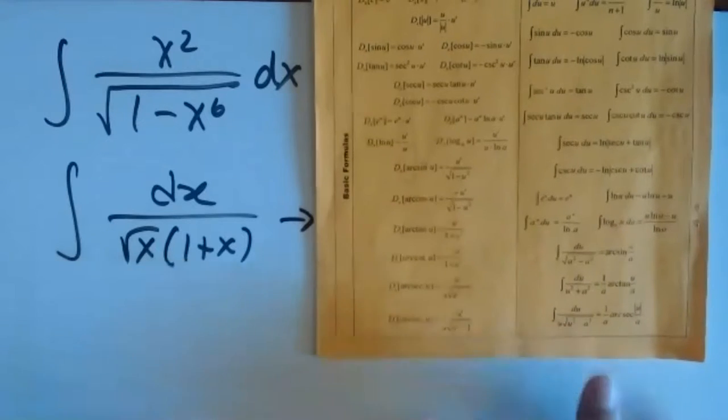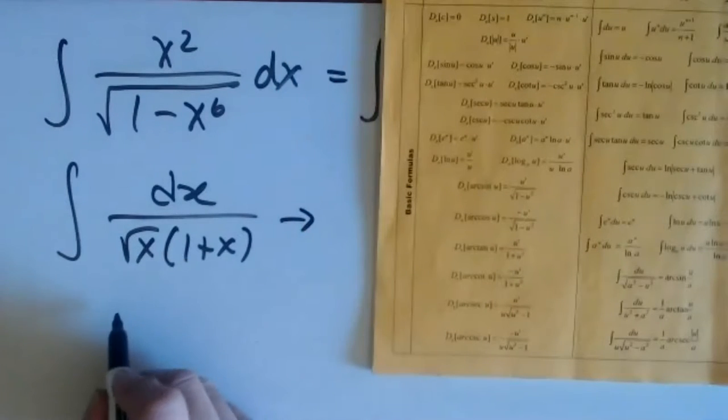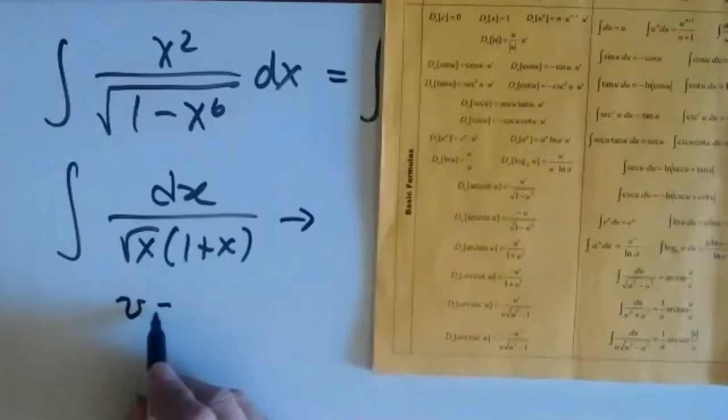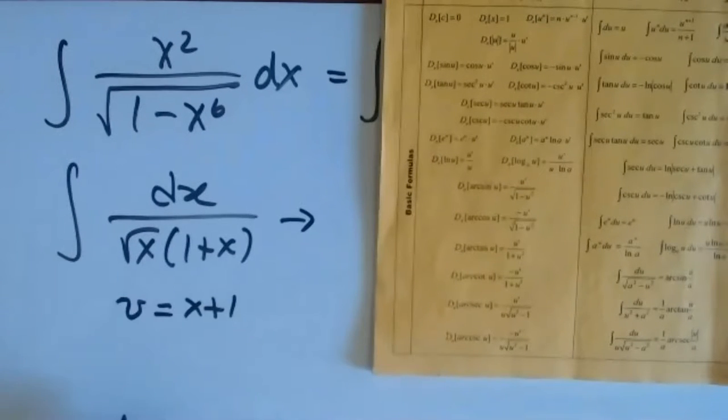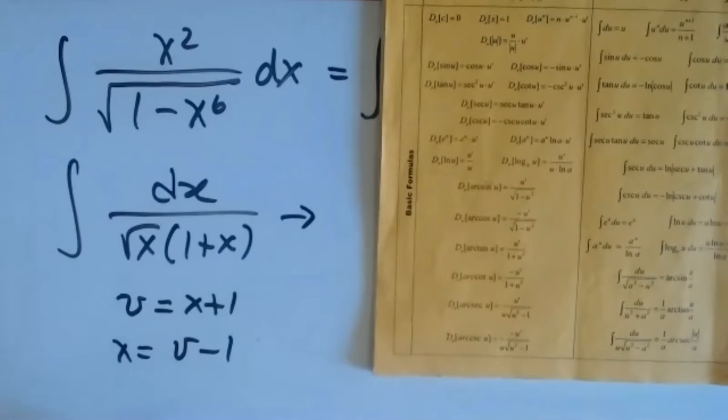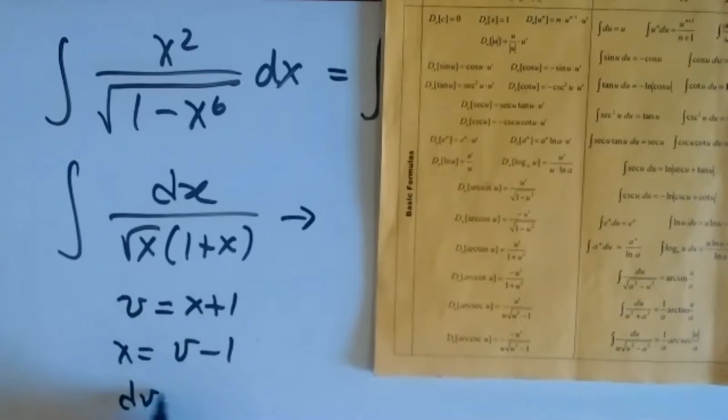So in this case, what you can do is, okay, let me see. Let me just use a variable, I don't know, v. v equals x plus 1. Then x is v minus 1, correct? So dv equals dx. So no problem with this one.